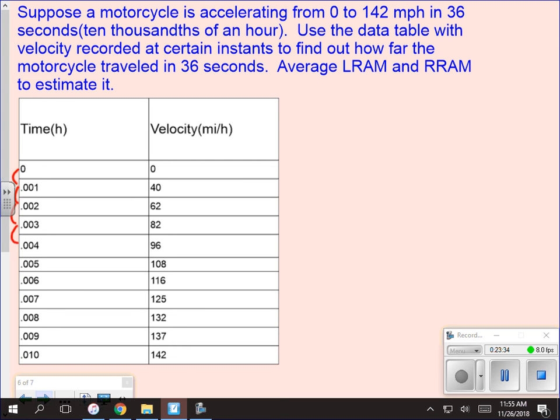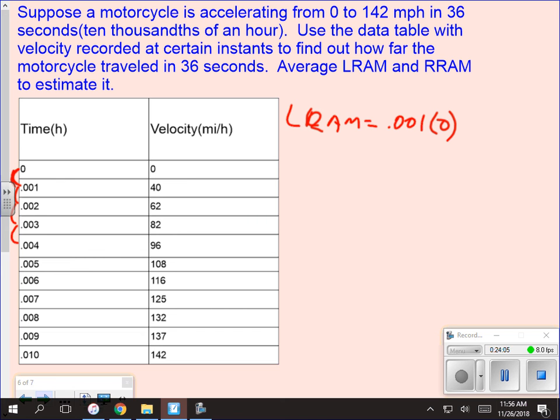So for our first rectangle, if I'm doing LRAM, if I move across here with my left and right hand on one side of the rectangle and one on the other side, what is the height of my first rectangle? 0. So for LRAM, my first rectangle is 0.001 times 0, because that's the height of my first rectangle.